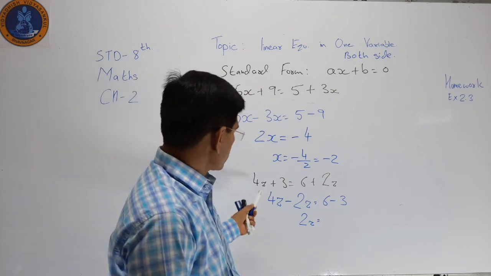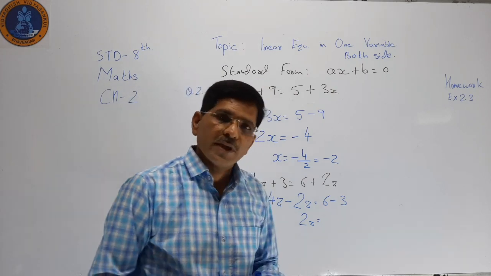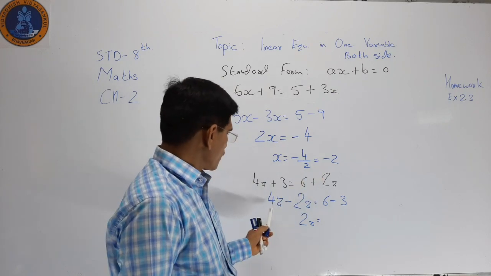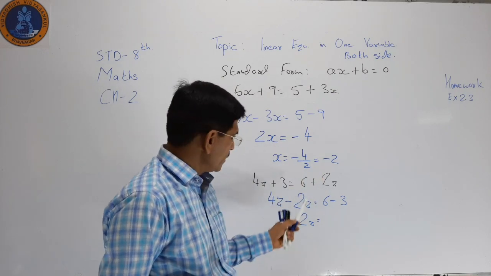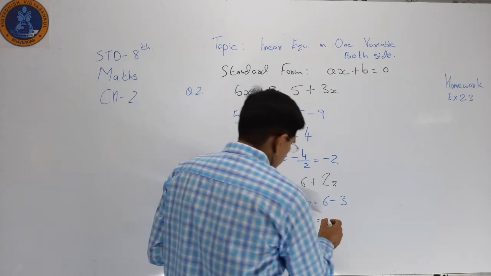So 4z minus 2z, that is 2z, plus 6 minus 3, that is 3.